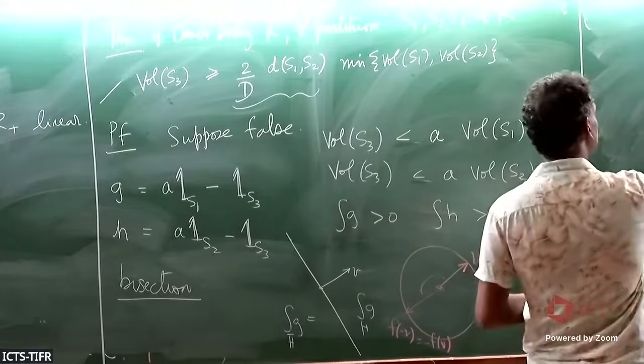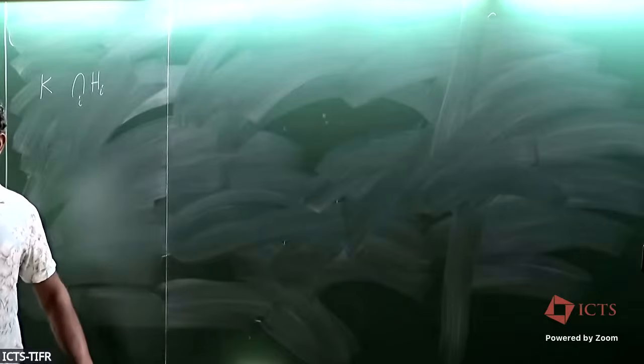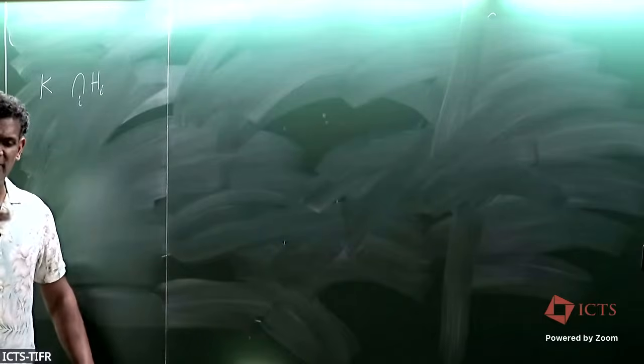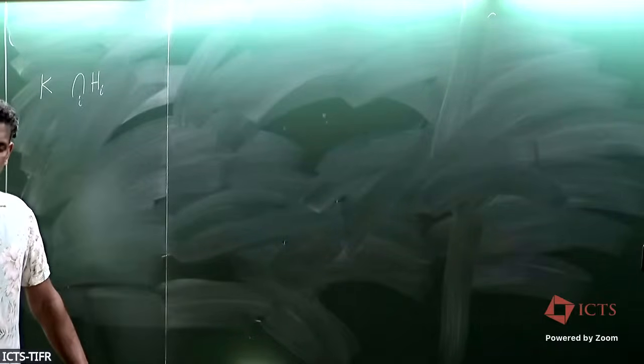Let's say the original convex body was K, and we keep intersecting it with a sequence of hyperplanes. This gives you smaller convex bodies. Now you have to argue that this sequence will reach a limit, and this takes a well-known theorem in analysis.